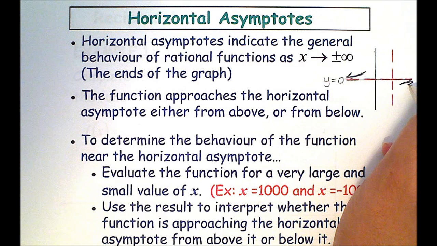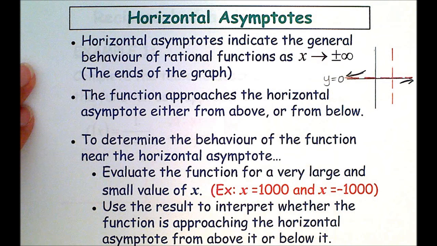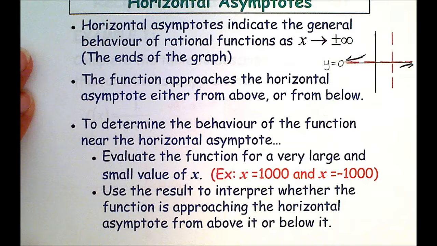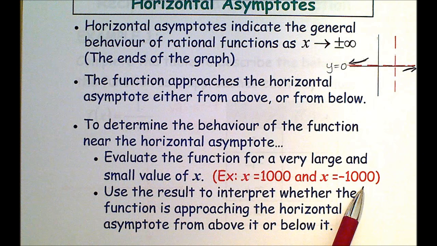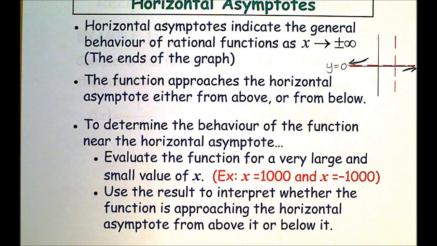So to determine the behavior of the function near the horizontal asymptote, you would want to evaluate the function for a very large and a very small value. Typically values of x equal to 1,000 and x equal to -1,000 are pretty good at helping us interpret whether the function is approaching the asymptote from above it or from below it.